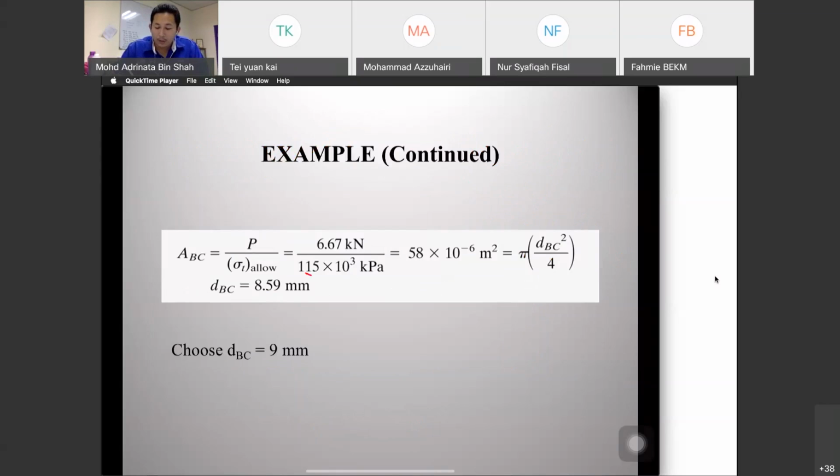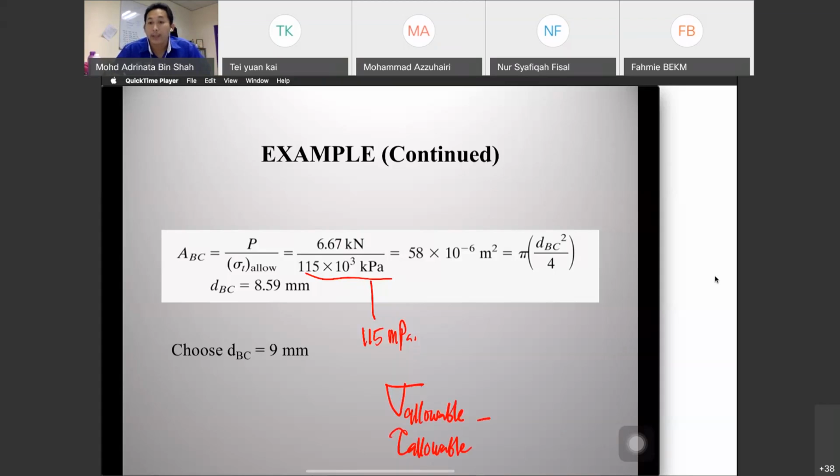So given ABC is 105 megapascal. This is tensile for rod BC. So it depends on the material, the allowable stress and allowable shear stress.